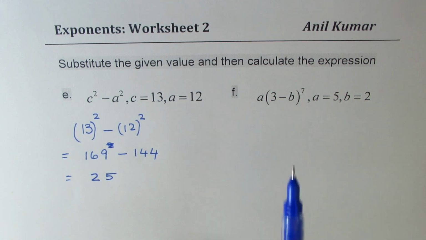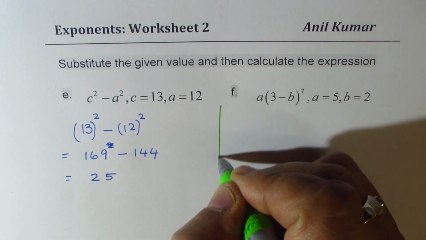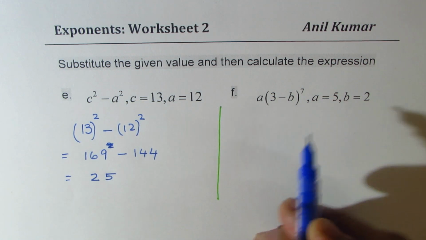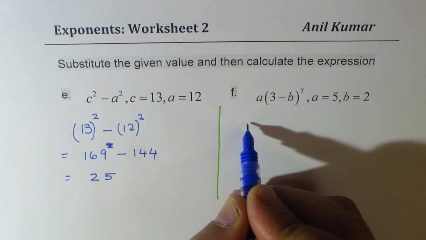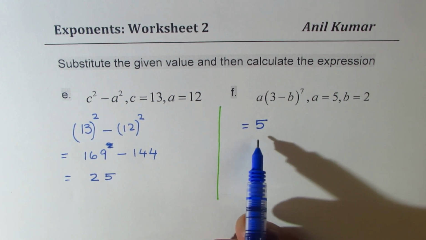Okay. Now here we have a times (3 minus b) whole squared. Take this as your test question. Pause the video, answer, and then look into my solution. Let's substitute. a is 5. Now we'll write 5 this time straight away, without brackets.